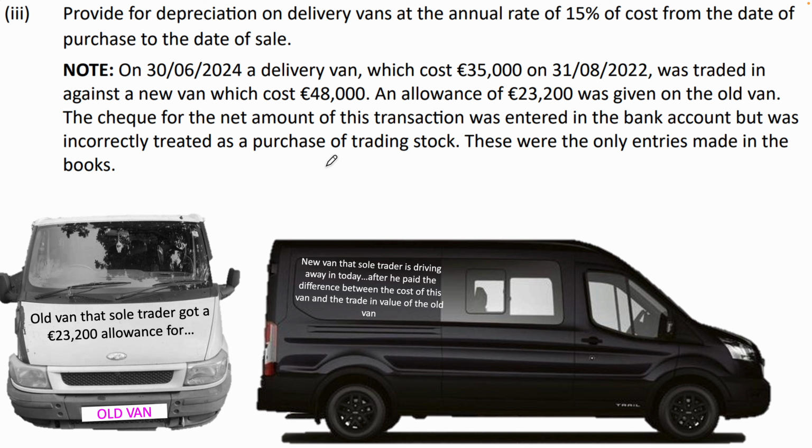Okay, so what happens in every single sole trader final account, every single company final account, is that the sole trader or company wants to trade in their old van and drive away in a new van. So they rock into the Ford garage or the Peugeot garage or whatever type of garage they want to buy their van from, and they bring their old van and then they drive out in the new one.